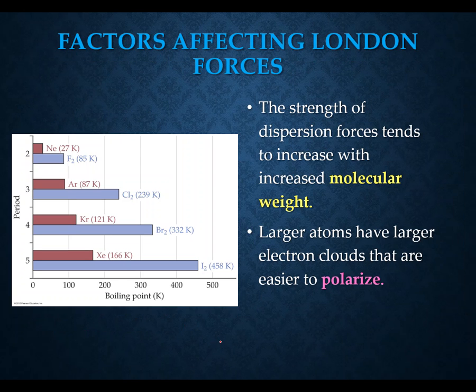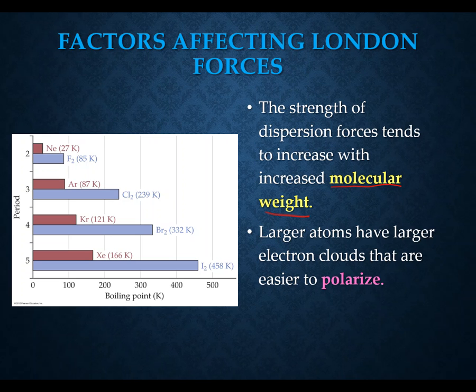All right, last year, or in Chem 1, we used molecular weight kind of as a metric to gauge London dispersion forces. The more weight, the stronger the dispersion forces. Well, why is that exactly? It's not really because of the weight. We don't really care about the neutrons and protons in here. Really, what goes along with the weight?